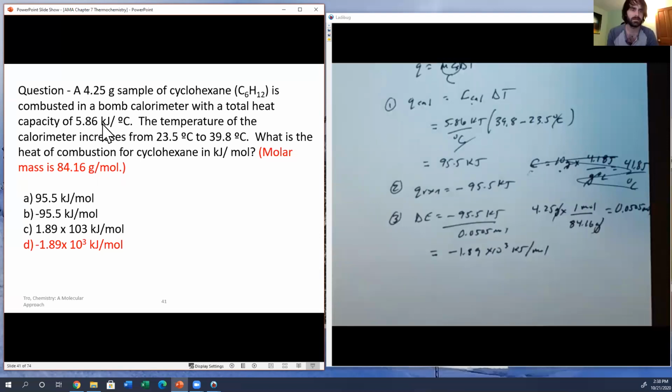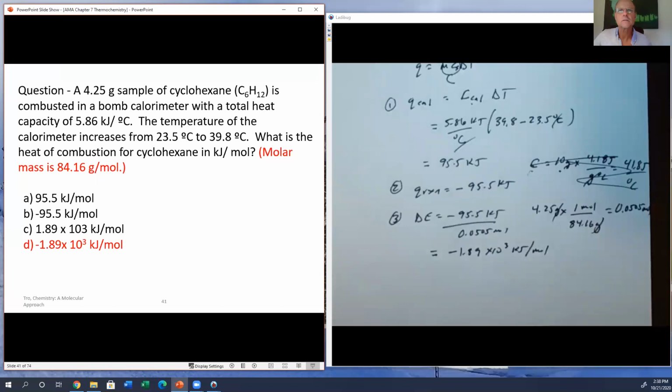So it'll either say C equals that, or it'll say heat capacity of the calorimeter equals that. It should indicate that one way or the other. In this case, when you see this total heat capacity, you say, oh, that's C for the calorimeter. Got it. Good question.